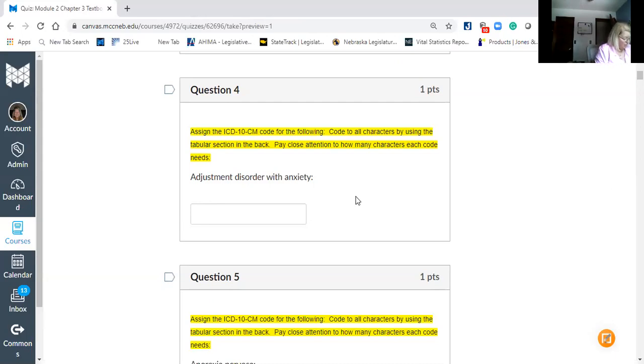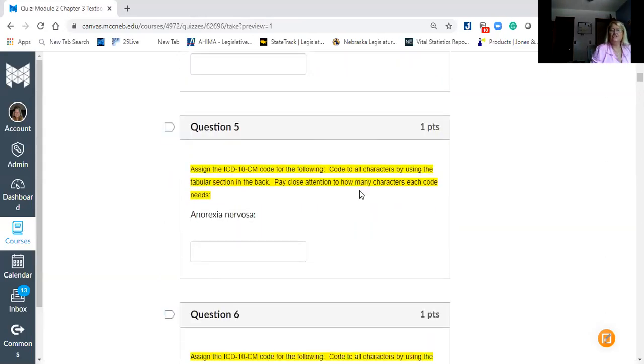Looking at my code that I found from the front of the book, it says adjustment disorder, F43.2, it needs 5 characters. So looking down, we have adjustment disorder with anxiety. So that's what we're looking for. And then you find your 5 characters, and that's your answer.